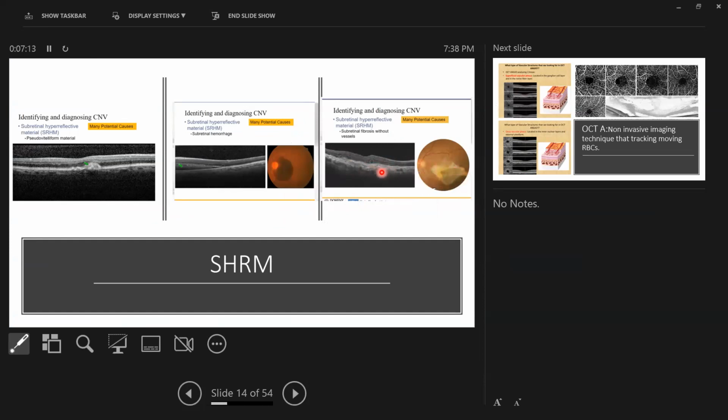So this is a fibrosis. In this case, we can see that the SHRM is blood. While in this case, the subretinal hyperreflective material is a pseudo-vitelliform material. So we have to be very careful when we look at subretinal hyperreflective material. It's not always an active MNV. It could be something else.